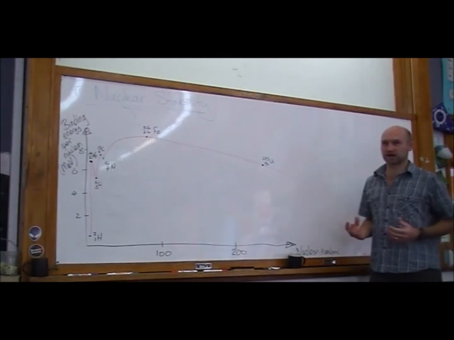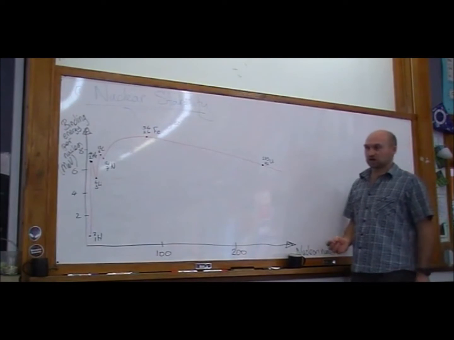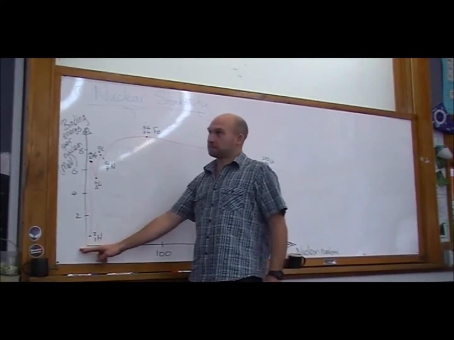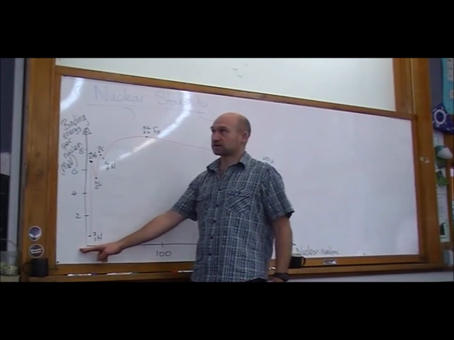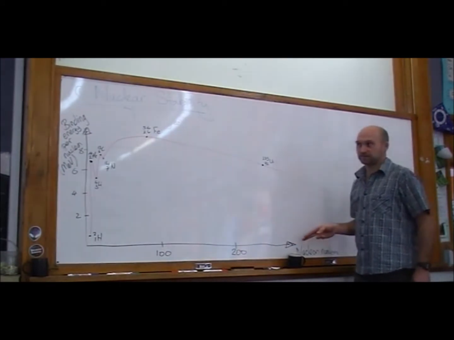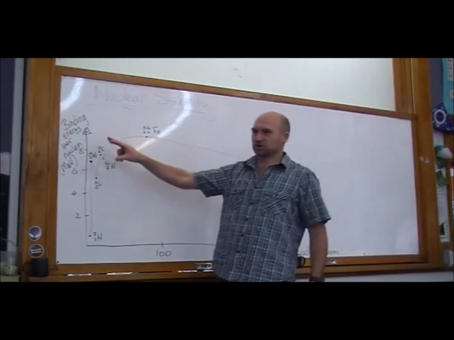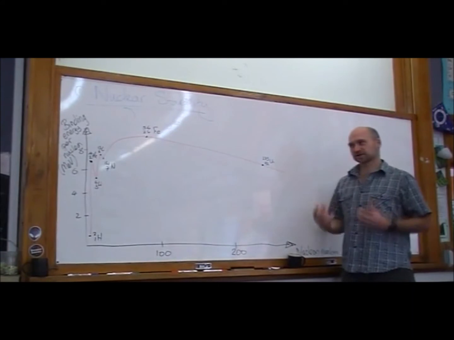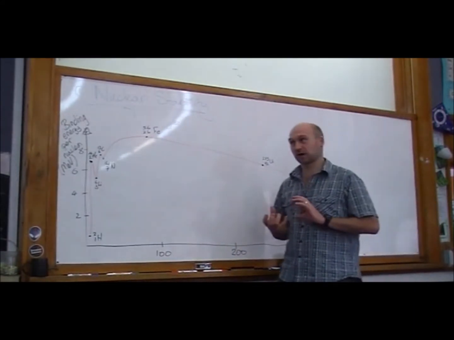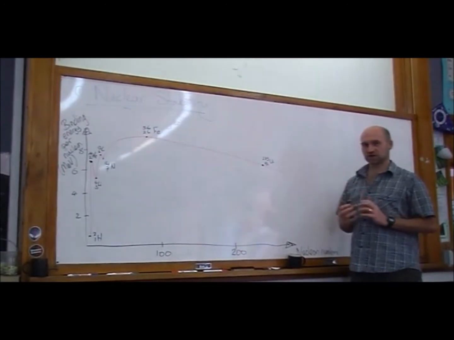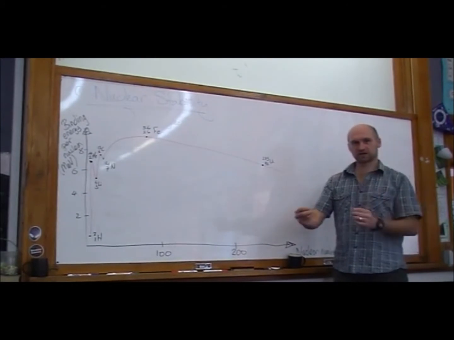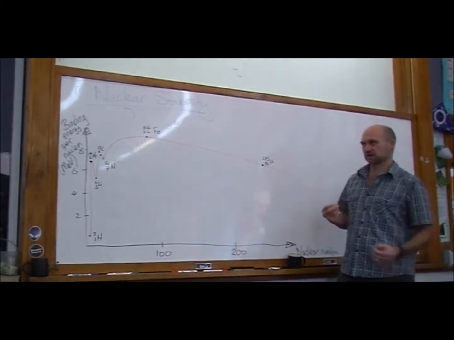And all it is, is a graph of the binding energy per nucleon of every different element, every different isotope, plotted as a function of their nucleon number. The binding energy per nucleon tells us how stable the nucleus is, remembering that binding energy per nucleon is the amount of energy that we need to completely separate a nucleus out into its constituent parts.